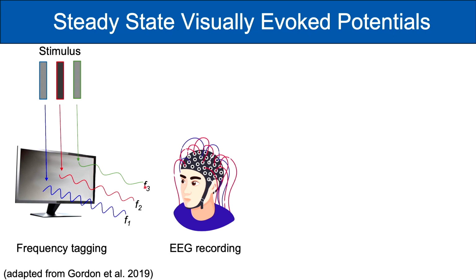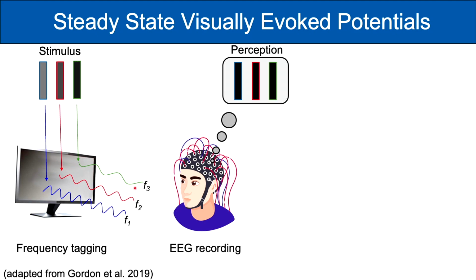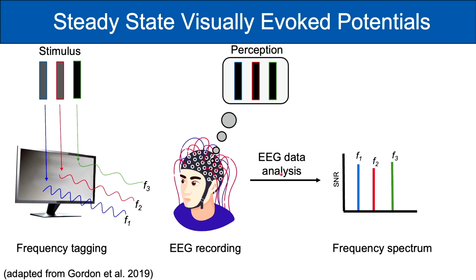For instance, here you see 3 items presented with 3 distinct frequencies. The neurons that correspond to the innermost item will be represented by F1, while the neurons that correspond to the outermost item will be represented by F3. Therefore, when participants perceive 3 items, we expect the signal-to-noise ratio of these 3 frequencies to be approximately equally strong, as all items are equally represented at the neural level.